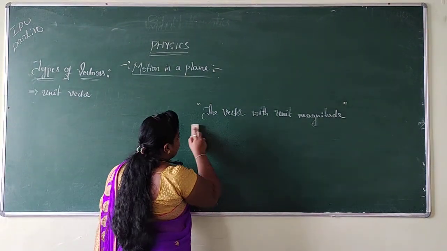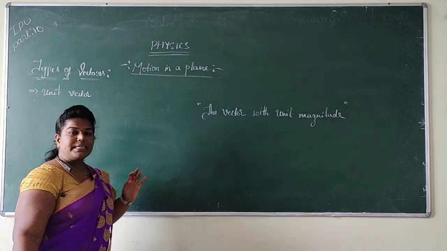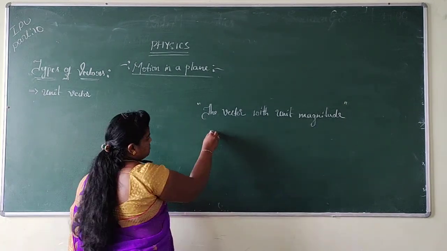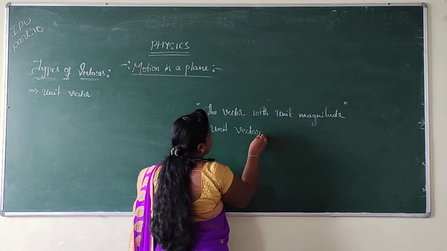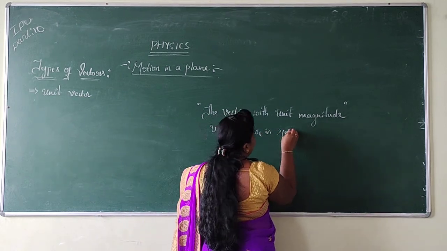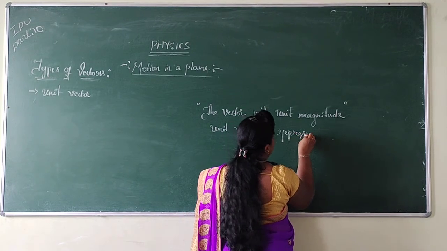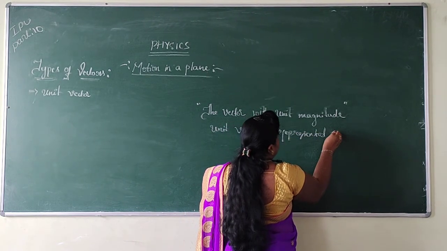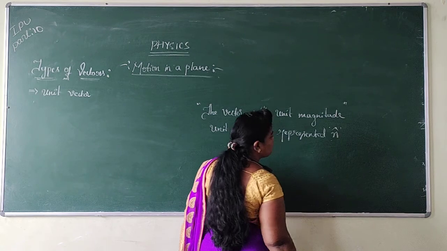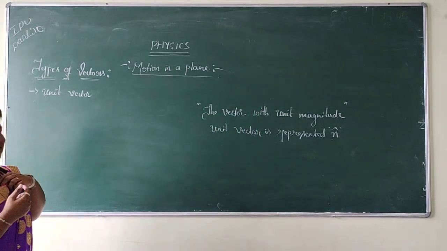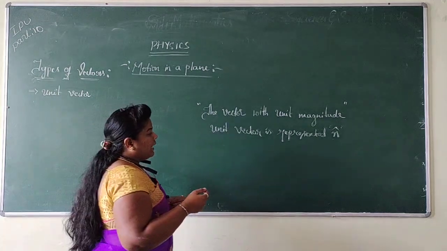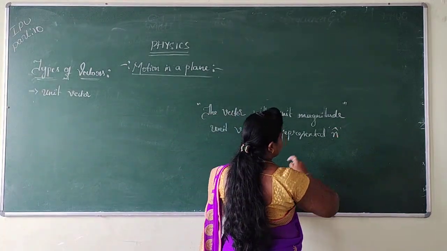Dear students, then I can easily say that the unit vector is represented as n cap. Here I am pronouncing it as n cap. It represents the unit vector.